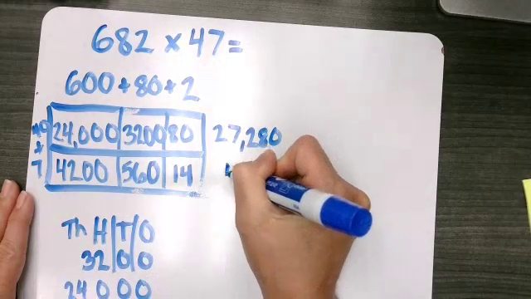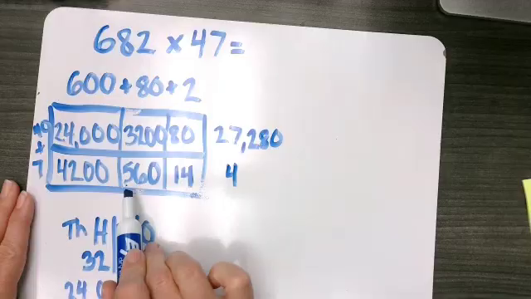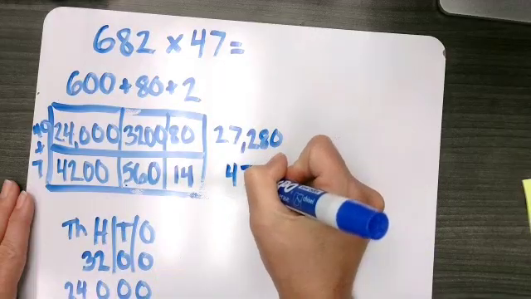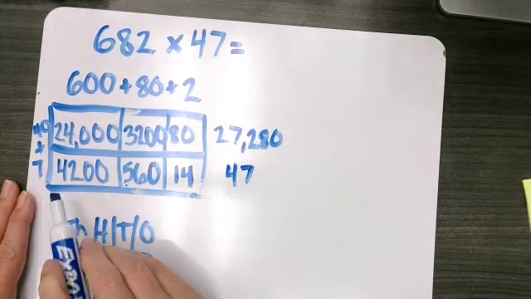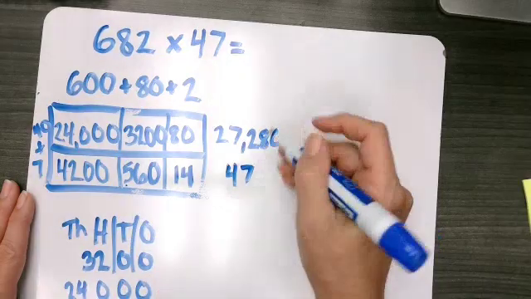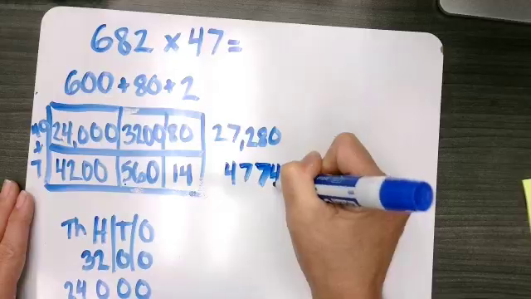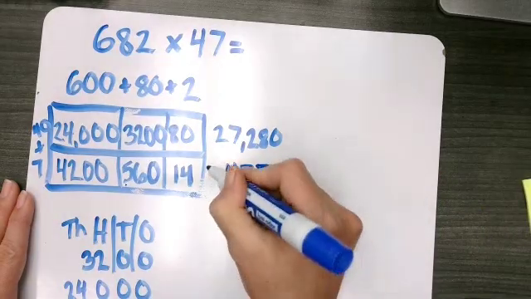We have 4 thousands, 7 hundreds, 7 tens, and 4 ones.